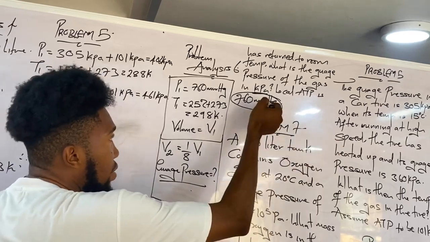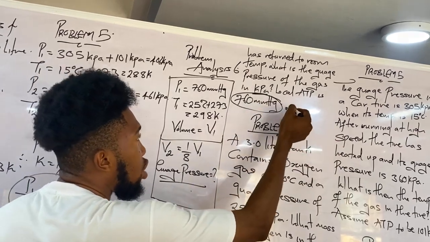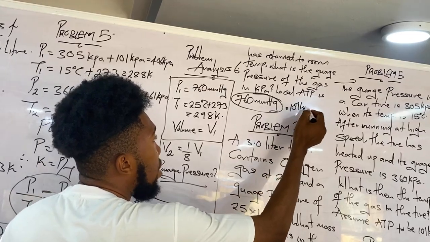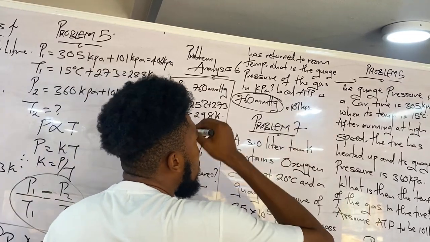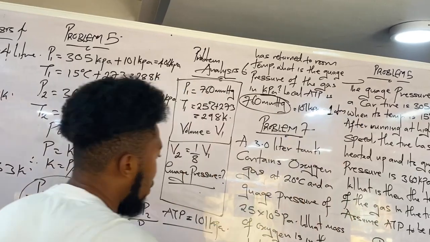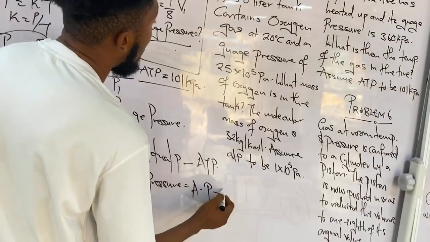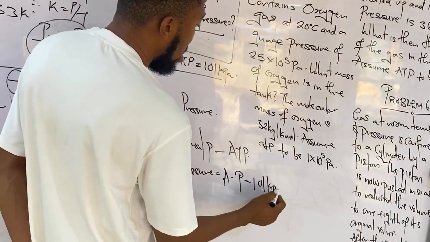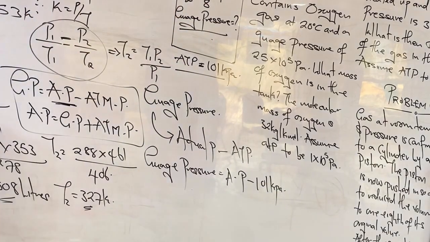760 is the standard pressure, which is equivalent to 101 kilopascal, which is equivalent to 1 ATM. If you see this kind of stuff, they are interrelated. So I'm just doing minus 101 kilopascal.